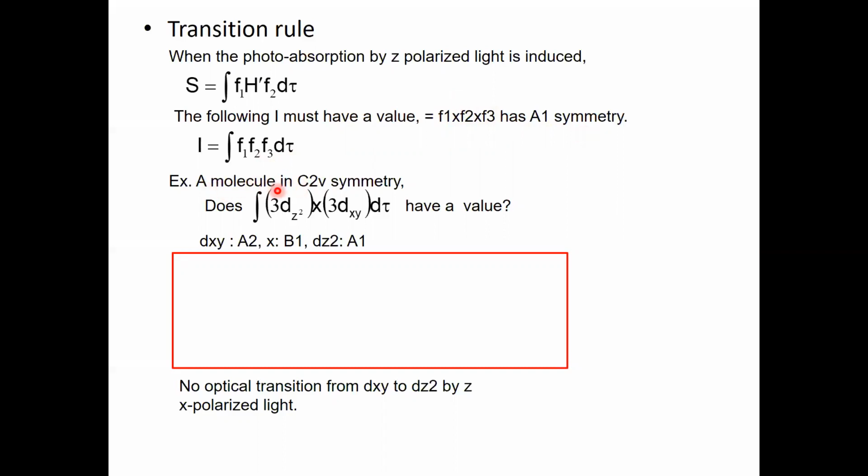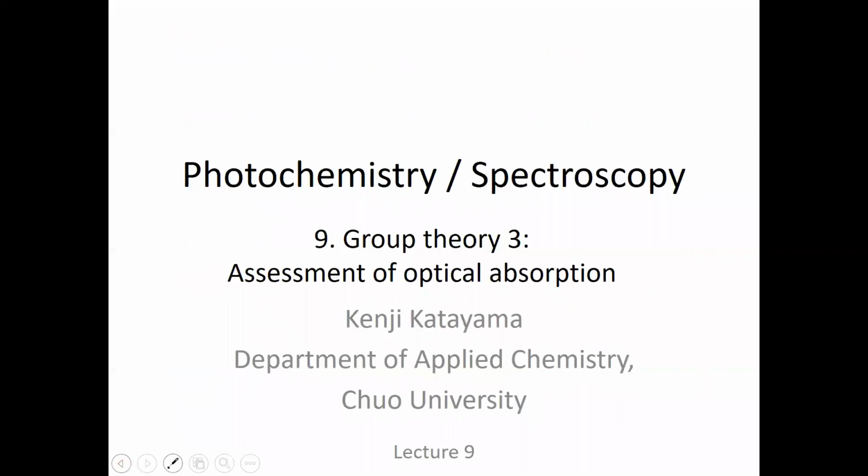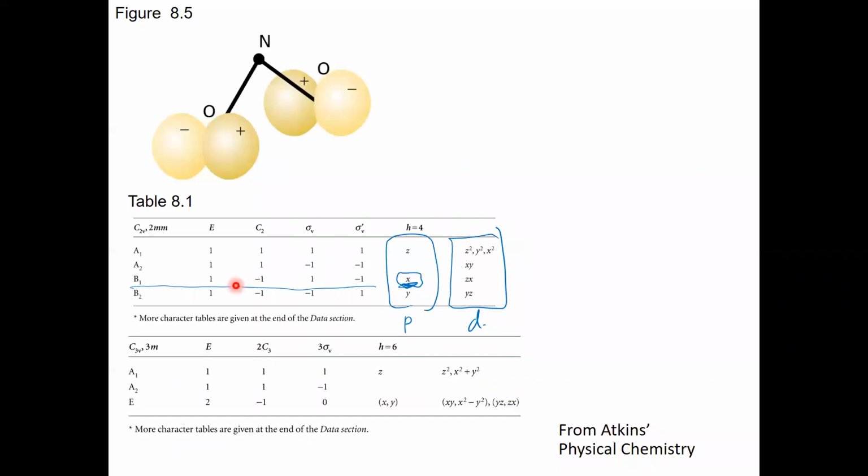So let's think about this. For example, a molecule in C2V symmetry has the d orbitals dz squared and dxy. Is a transition possible by X-polarized light? That's the question. We can understand the character values for C2V molecules from this chart.